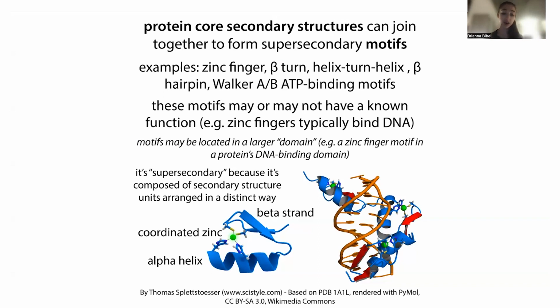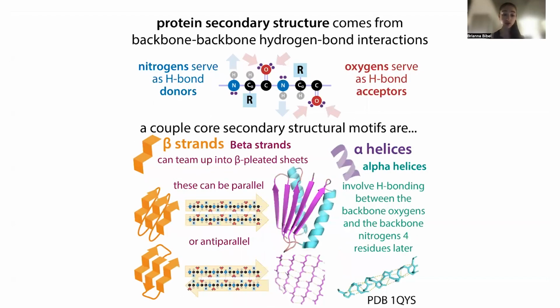Even though most proteins have alpha helices, beta strands, and beta sheets, they'll have different proportions. Some are more helical, some are more strandy. But these core motifs allow them to have that starting structure to build off of.